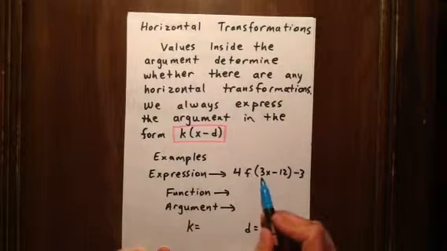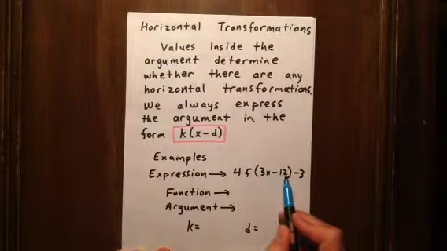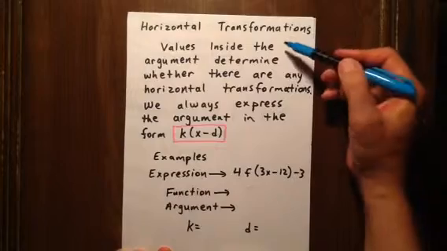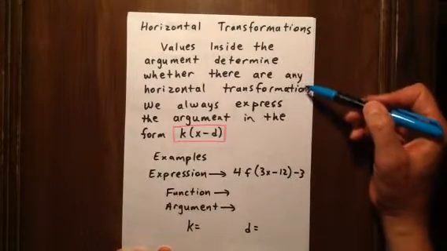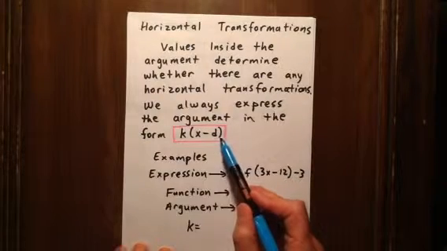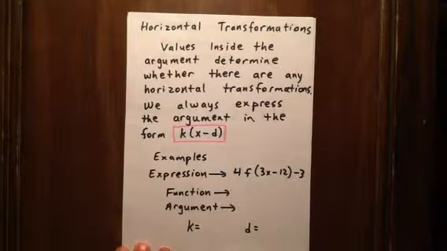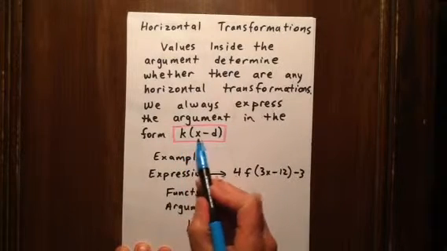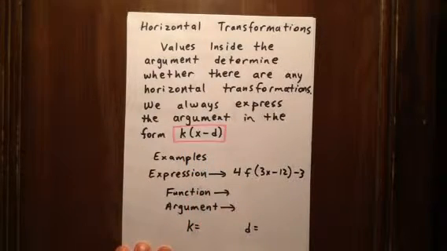Everything we need to know about the horizontal transformations is going to be told to us by this argument. So, values inside the argument determine whether there are any horizontal transformations, but what we want to do is express the argument in the form k times x minus d. This is a multiplication, my bad. So we want to express the argument in that form.